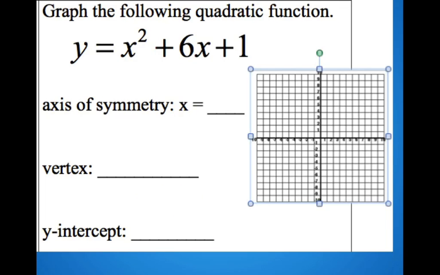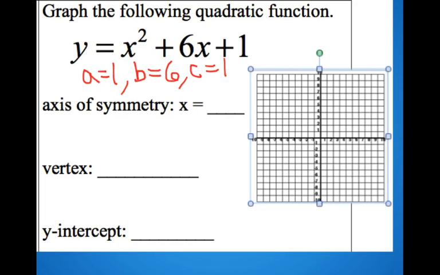Okay, first one, when you're going to graph, the axis of symmetry, you'll remember, is negative b over 2a. So you want to state what your a and your b and your c are. So a is 1 in this case, b is 6, and c is 1.